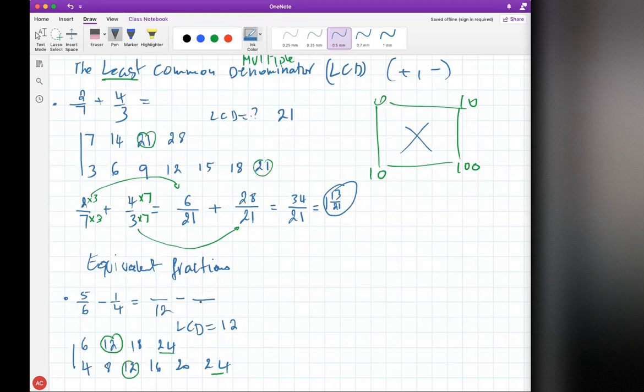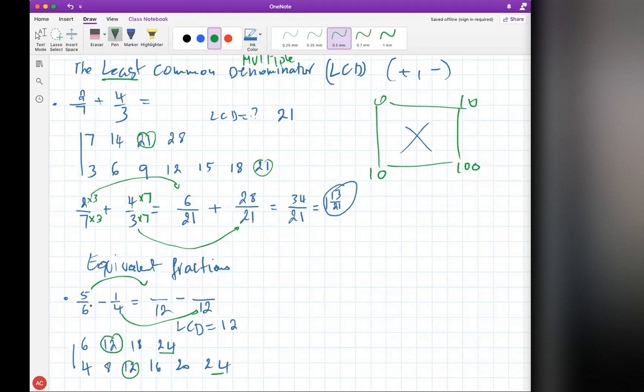Now we're going to turn both of these fractions. Once you find the common denominator, you write two new fractions with the LCD you just found, converting these fractions into new ones. So 5 over 6: we want to turn this into a new fraction with 12.